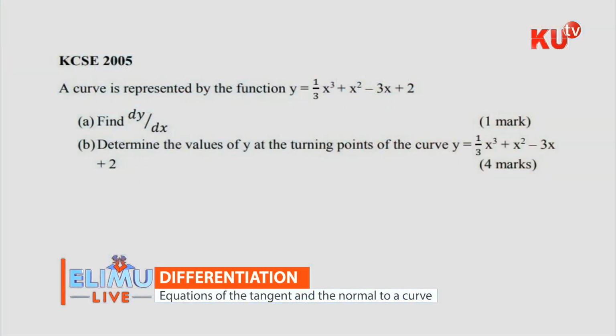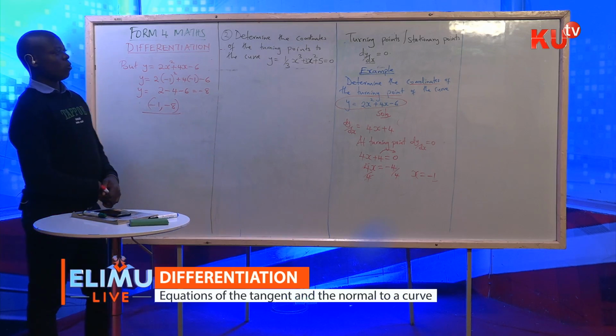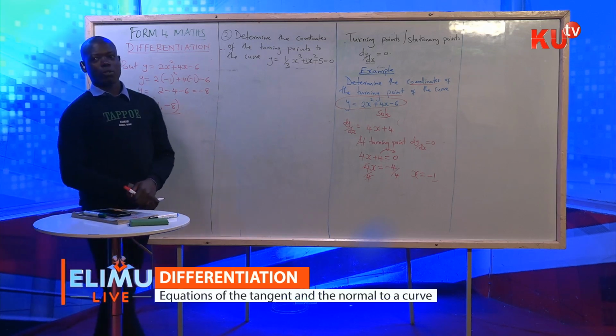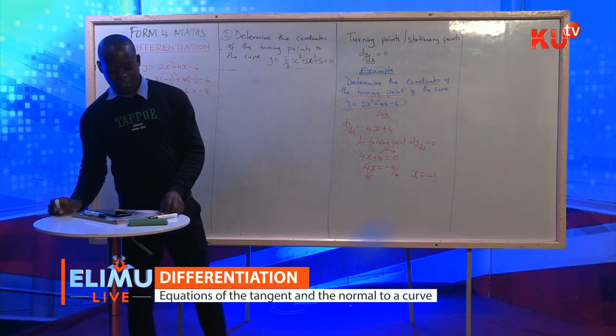We have 1/3 x cubed plus 3x squared plus 5 is equal to 0.